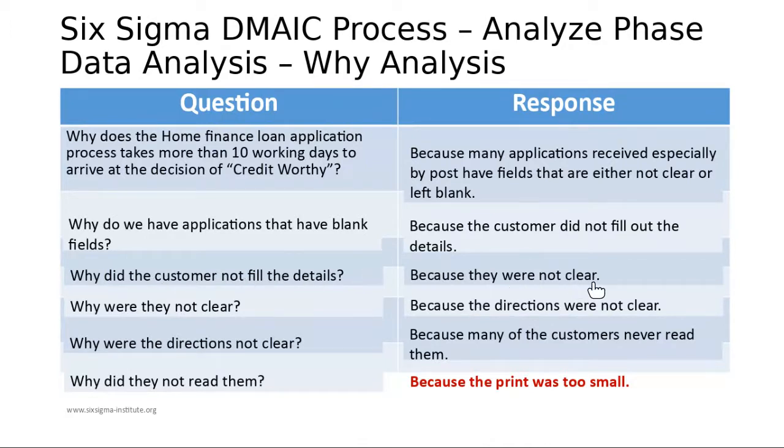Because they were not clear. Then the question follows that answer: why were they not clear? Because the directions were not clear. Why were the directions not clear? Because many of the customers never read them. Why didn't the customers read them? Because the print was too small. The font used was too small.